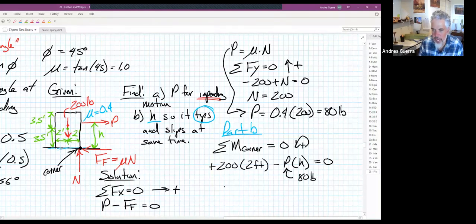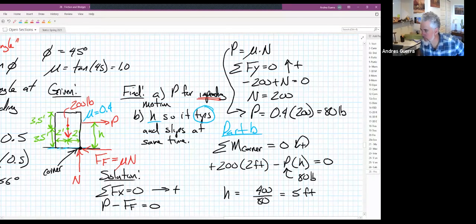We're going to find that H is equal to 400 divided by 80, which is 5 feet. So when we're looking for tipping stuff, we're looking at summing moments. When we're looking for slipping stuff, we're looking at summing forces, because that's the motion that we're impending, that we're on the verge of occurring.